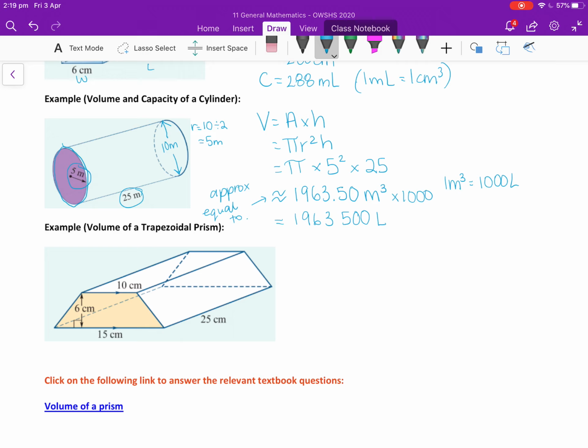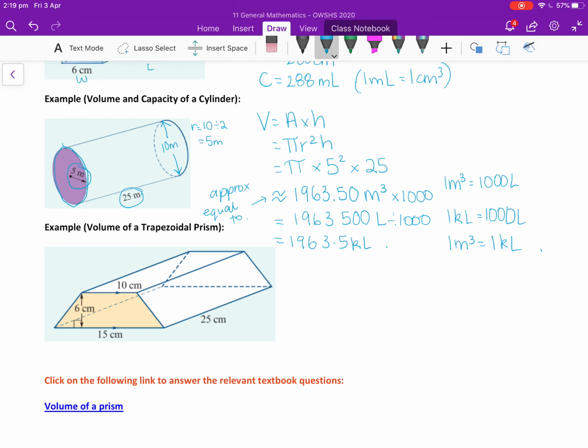Okay, and in fact we could say how many kilolitres that is, because that's such a large number. Now 1 kilolitre is 1,000 litres, so we divide that by 1,000 and we're actually back to where we started. So 1963.5 kilolitres. So you can see 1 metre cube is in fact 1 kilolitre.